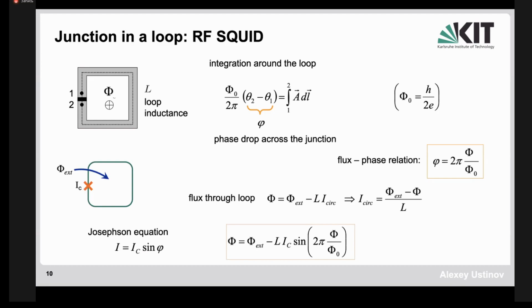Current times voltage is the power which you dissipate in the circuit. And the problem is that the thermal conductivity of all the materials at very low temperatures is very low. So if you generate even very tiny power, then you heat up the electronic temperature of your system very high, and then you're no longer able to cool down your system to the ground state.